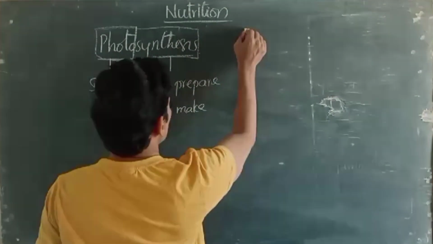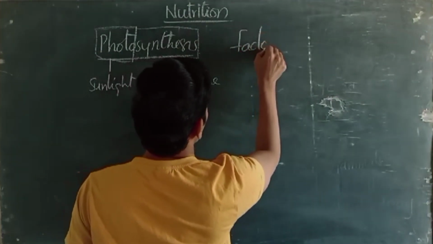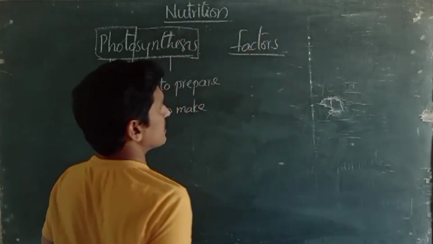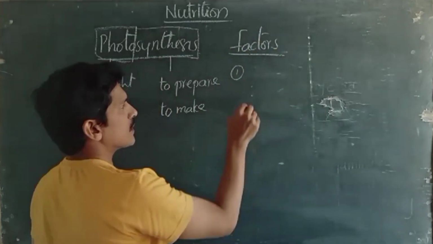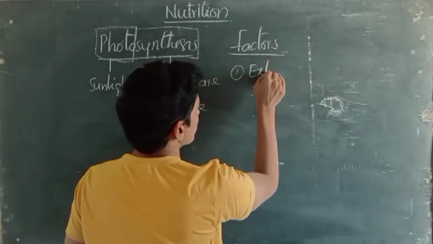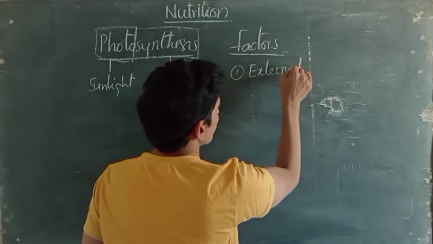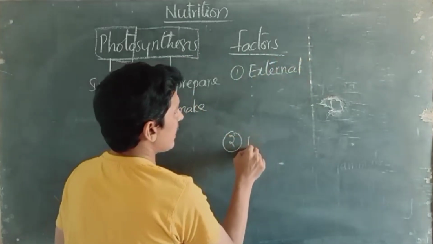Some factors are essential for performing photosynthesis. What are those factors? Those factors are classified into two types: one is external factors and another is internal factors.